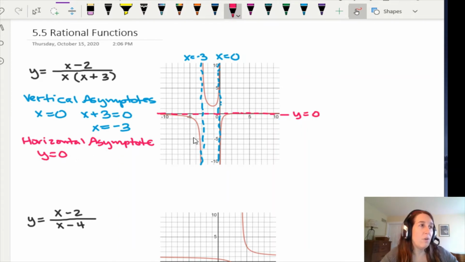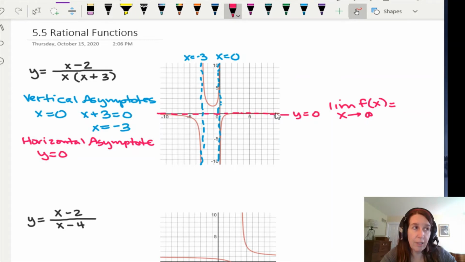Okay, so another thing we're going to look at with this graph is what are the limits? Remember, limits are a number or infinity that a graph is approaching but never quite reaches. It gets closer and closer to that number, but never quite reaches it. We already did the limits around the horizontal asymptote. We did the limit of f of x as x approaches infinity.